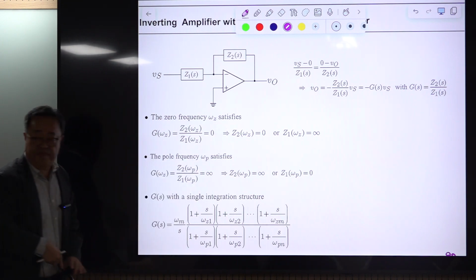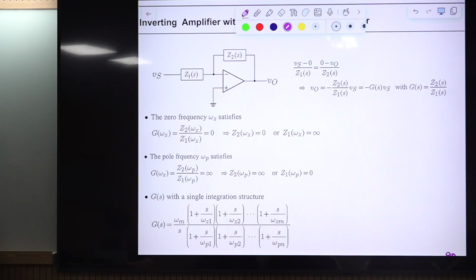When the DC current is coming in, this current is coming in and going out in this direction, and usually it comes out from the bias voltage of the op-amp, right?